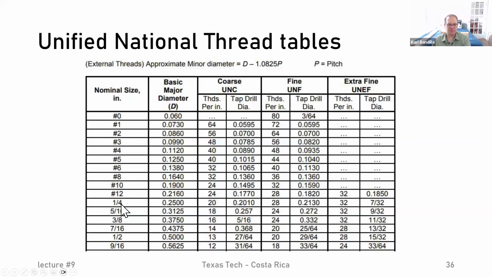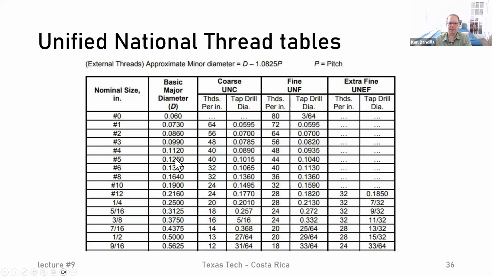Once we get to the real ones, 1/4, we can see the basic diameter is 0.25 inches. And for each of those, we can see if it's coarse, fine, or extra fine. If we stick with a 1/4 one, coarse would be 20 threads per inch, fine 28, and extra fine 32. All right, so that's how we would read this table.